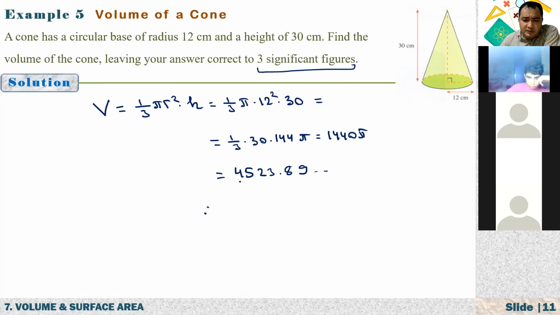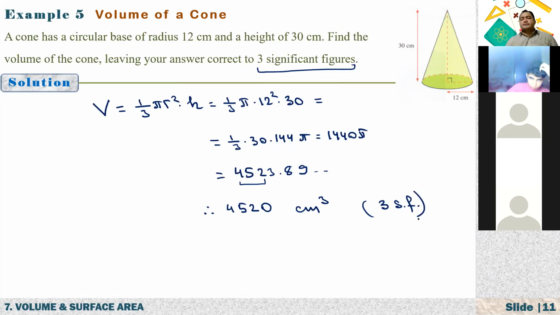The first non-zero digit is 4. So these digits are important for us, and the other digits are not so important. So the answer will be 4, 5, 2, and the next digit 3 is smaller than 5, so I can just write 0 here. The unit is cm cubed. That is correct to 3 significant figures.